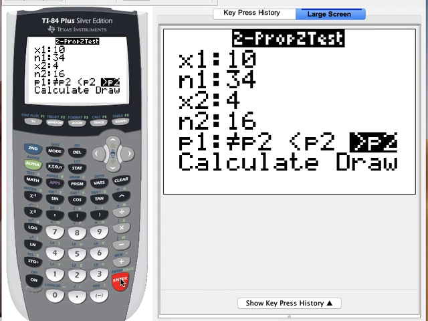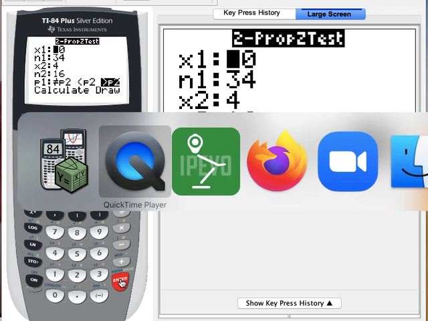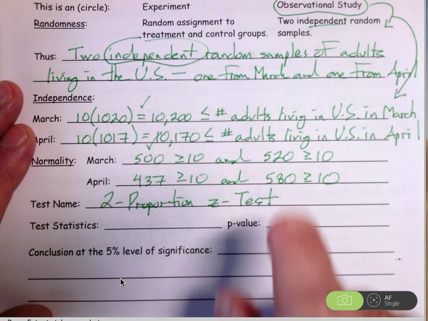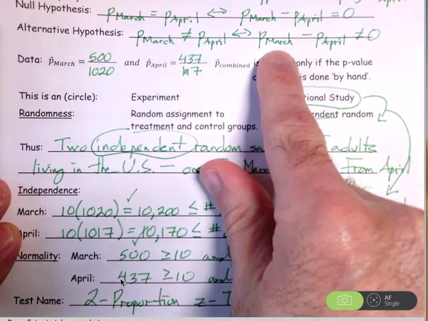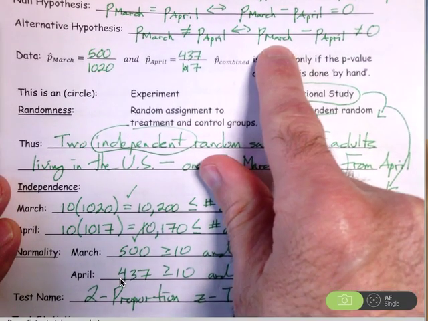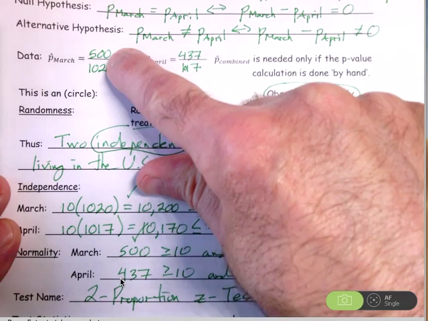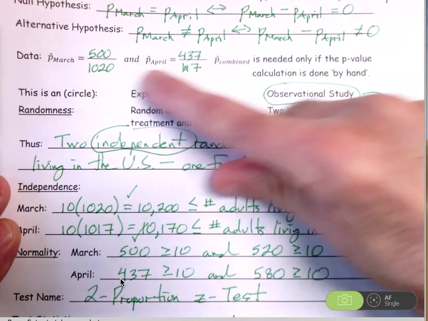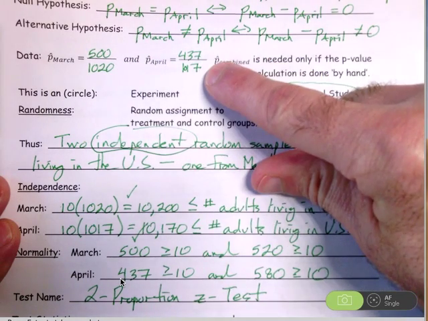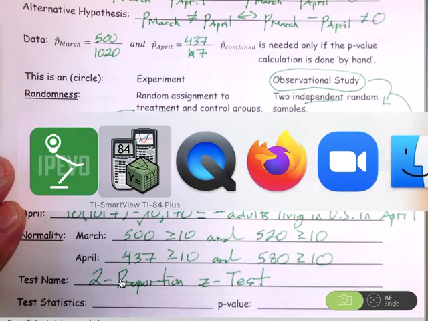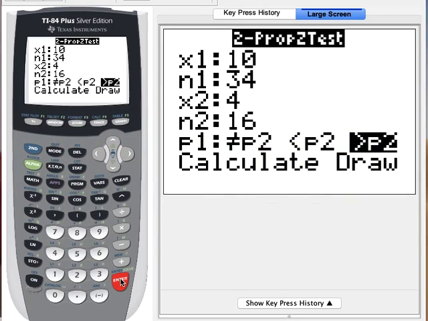So here the number of successes, I will enter March 1st and April 2nd, and I will do it that way because that's the way that I specified my null and alternative hypotheses. So here are the number of successes and the sample size from March, number of successes and sample size from April, and those are the values and the order in which we will enter them into the calculator.